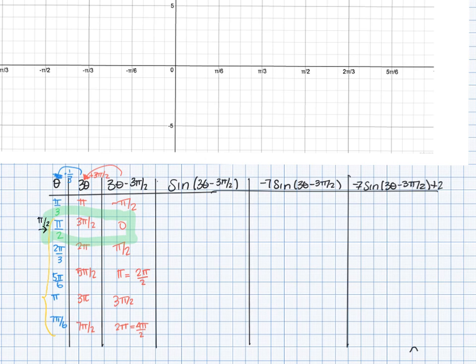So our period should be 7 pi over 6 minus pi over 2, which is 3 pi over 6. We get 4 pi over 6, which becomes 2 pi over 3, which is the period of our function.